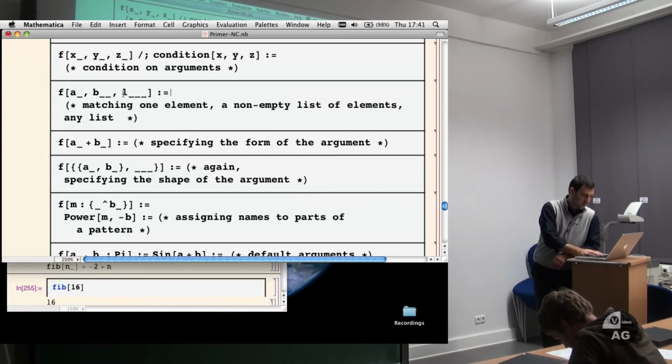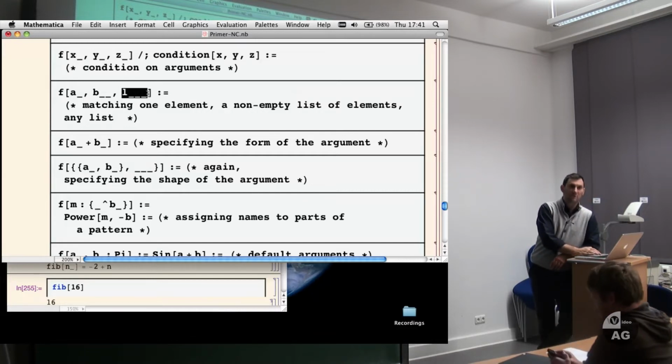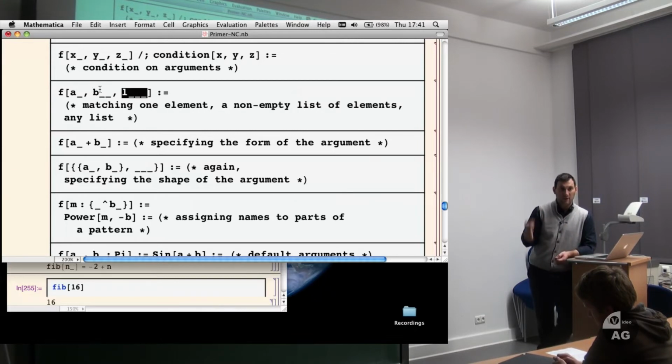No, it's not greedy. It tries to satisfy the constraint. So if there is an assignment that does not satisfy and there is another that does satisfy, it will match the one that satisfies. If more than one is satisfied, then it's from left to right.